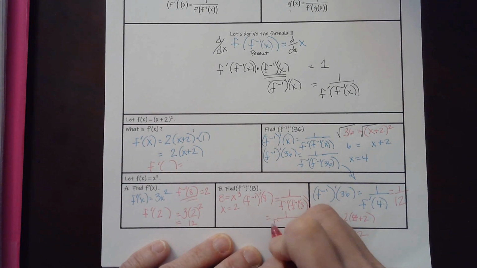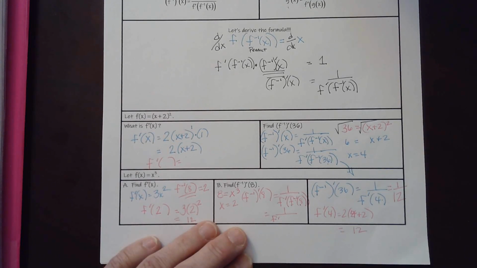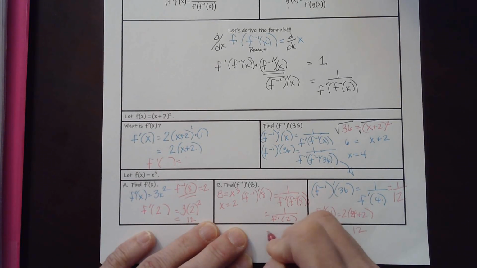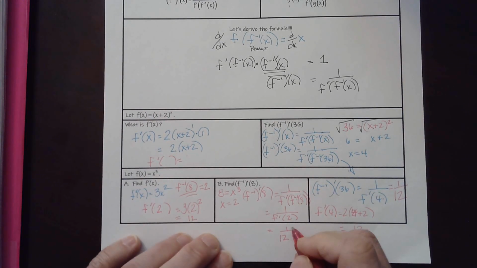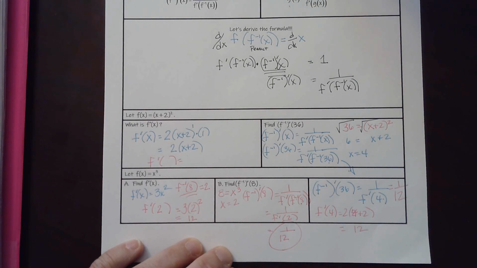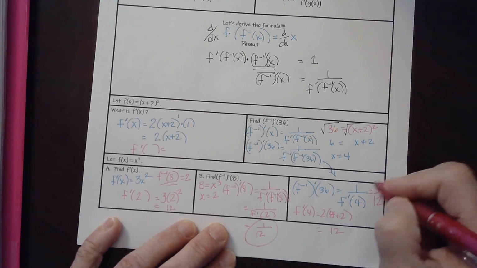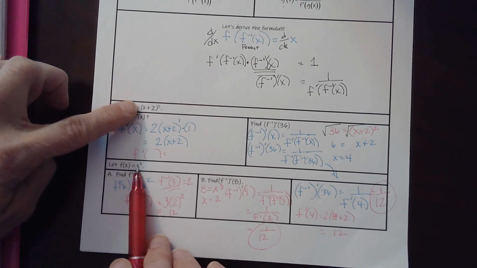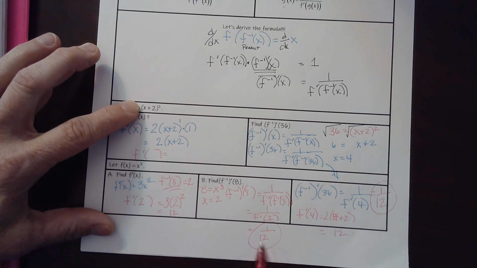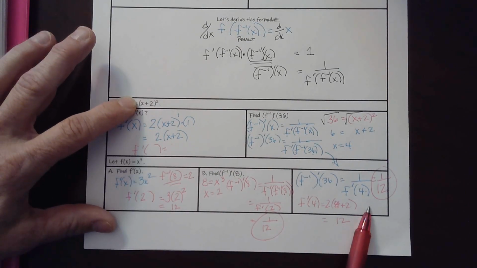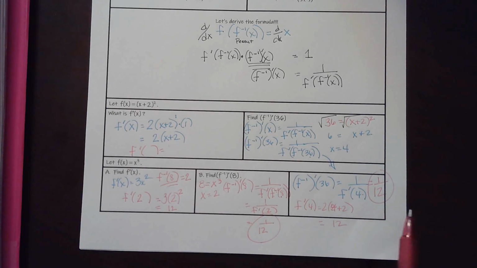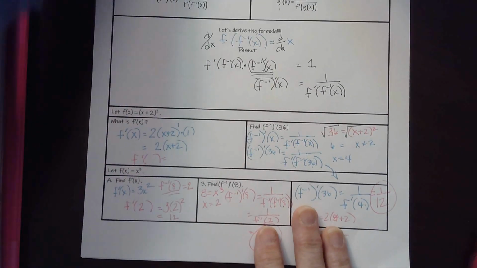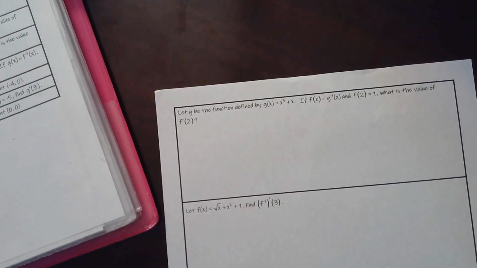So 1 over f prime of 2, and f prime of 2 is 12, so we get 1/12. Let me point out that the two inverse derivatives turned out to be the same, but that is a mere coincidence. That does not always happen. All right, so let's look at a couple more.